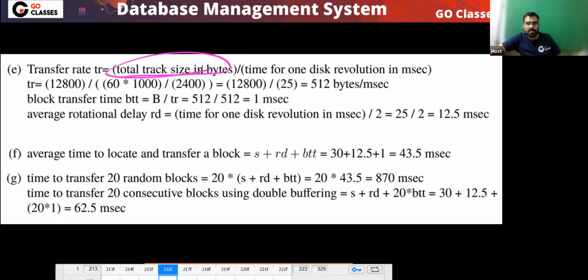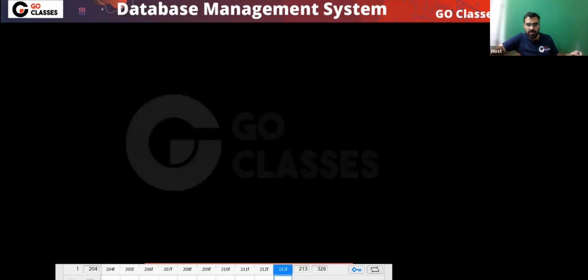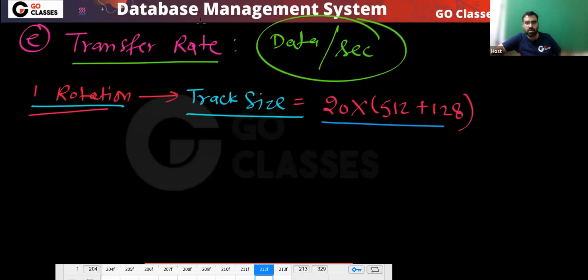Transfer rate will be based on the total track size, because we are only interested in how much you can do in one rotation. In one rotation, the entire track size we can transfer.